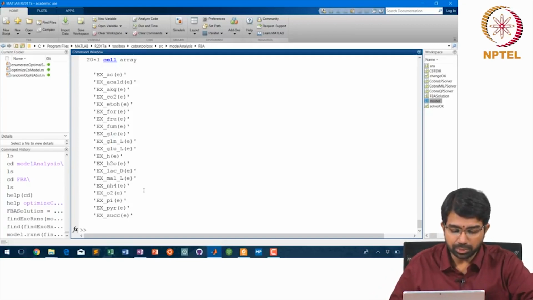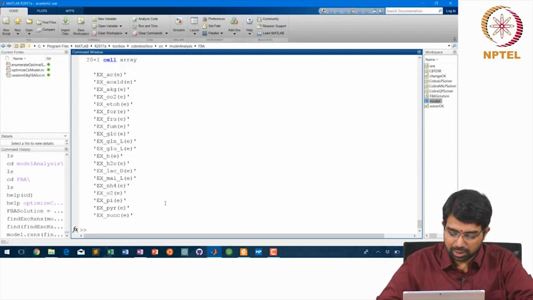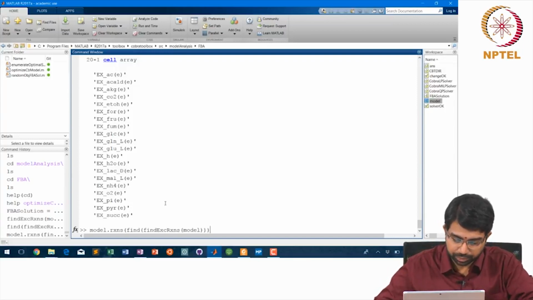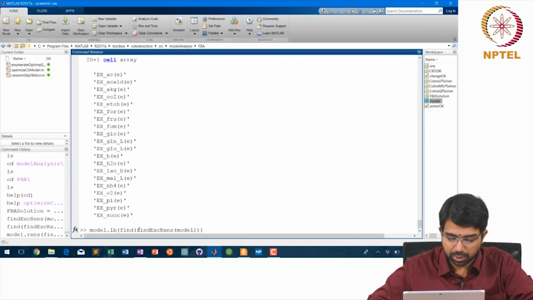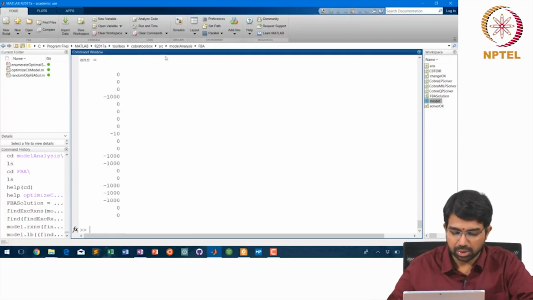So, now how do you figure out what is the glucose uptake? Let us look at all these lower bounds and upper bounds. I want you to recall how we do logical indexing in MATLAB. So, this is basically a logical vector and I can just use this.